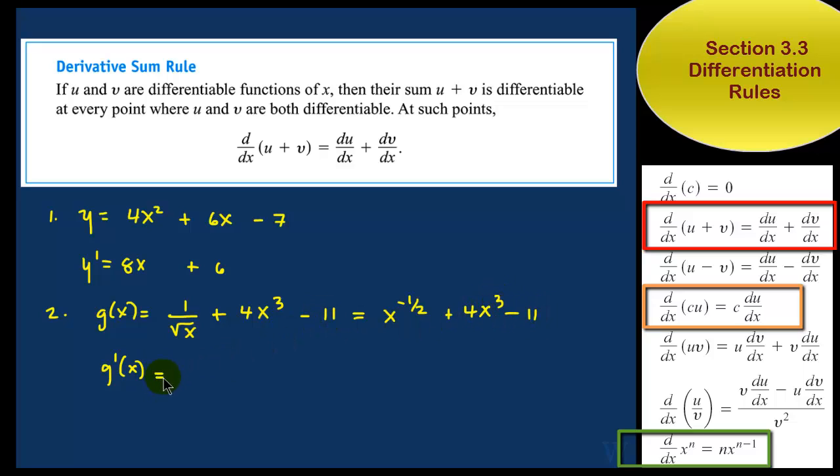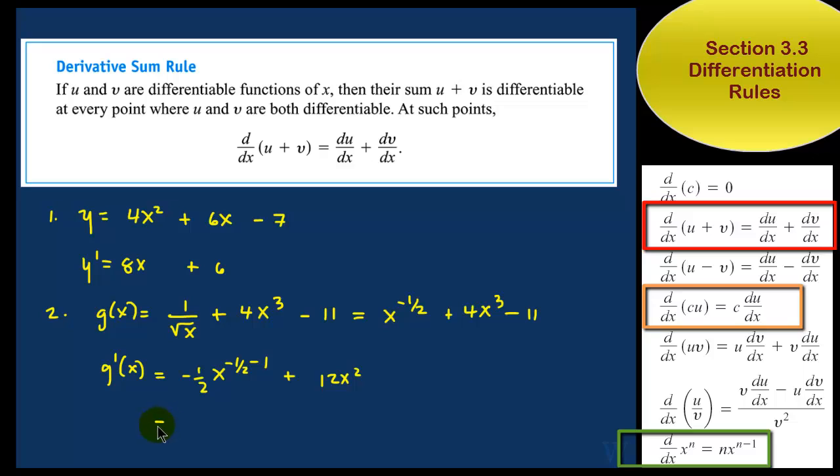And applying the power rule and the sum rule, this would be negative 1/2 x to the minus 1/2 minus 1 plus 4 times 3 would be 12x squared, and the derivative of constant is 0.